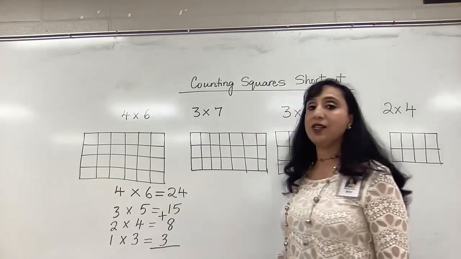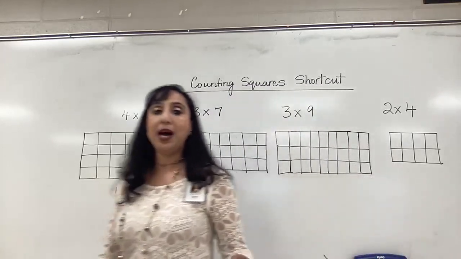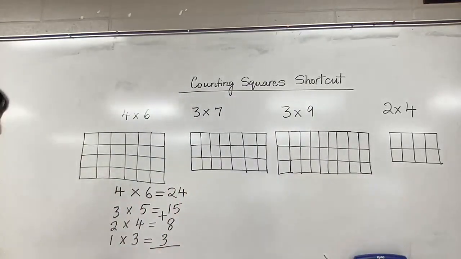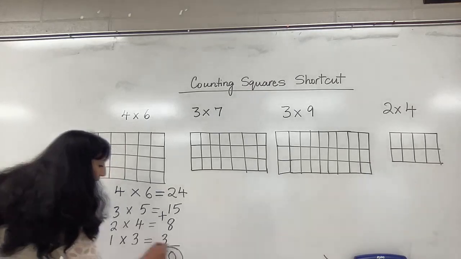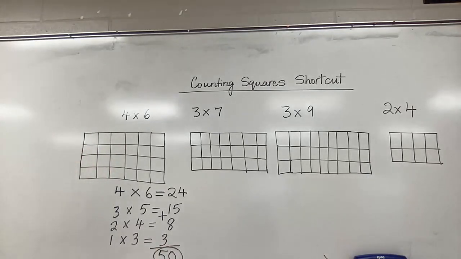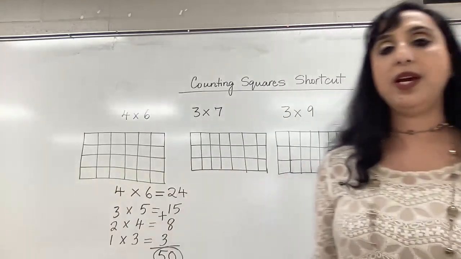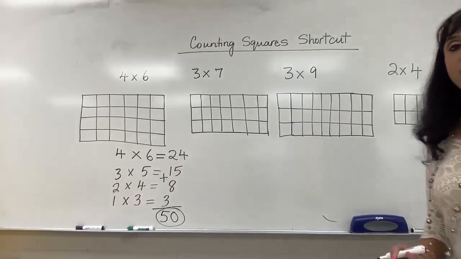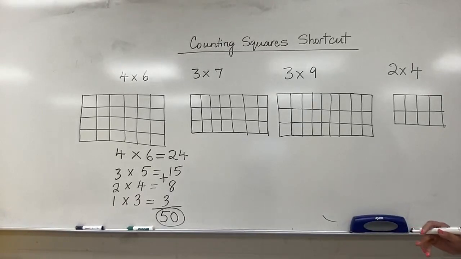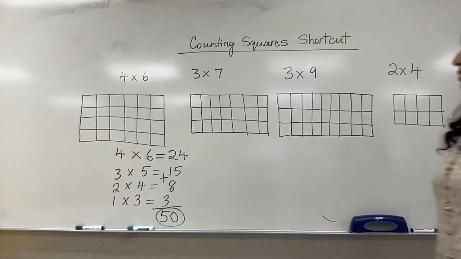And so when I add my 24, 15, 8, and 3, I'm going to get my answer as 50. So there are 50 squares in this shape. All right. 50 squares in the 4 by 6 rectangle that we have over there.